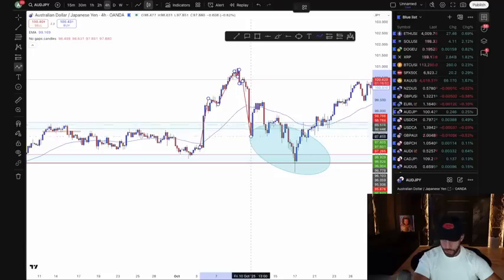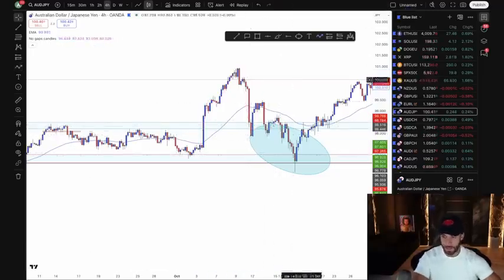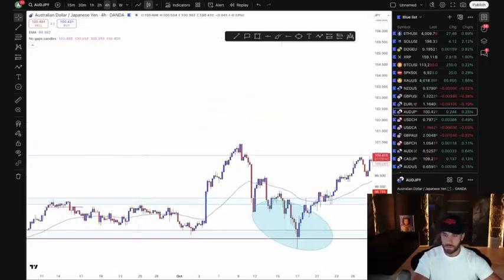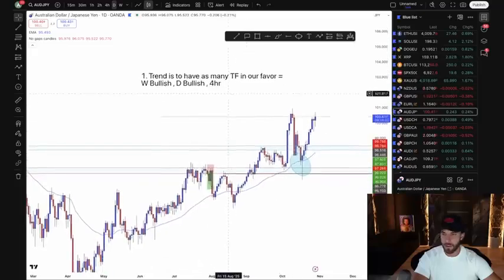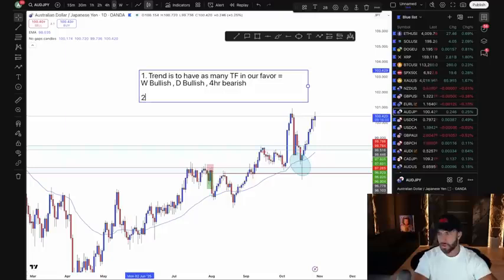And then we shifted bearish. This market actually turned into a bearish market. Okay, fine. The time we're looking at the market is right around here. We only have 2 time frames in sync. Okay, not the best, but definitely not terrible. So the 4-hour time frame is bearish. So we do have 2 consecutive time frames in sync that are bullish and 1 time frame that is bearish.